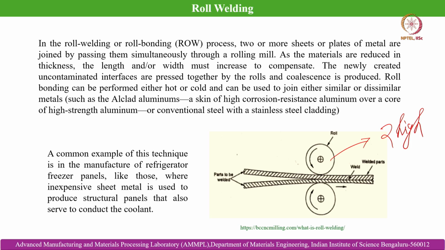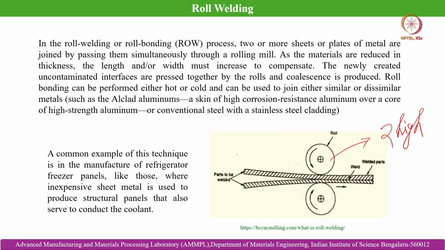At that time they exert compressive load over the plates, which have faying surfaces, and because of the compressive load the joint is formed at the region of contact. As the materials are reduced in thickness, the length and or width must increase to compensate. The newly created uncontaminated interfaces are pressed together by the rolls and coalescence is produced.